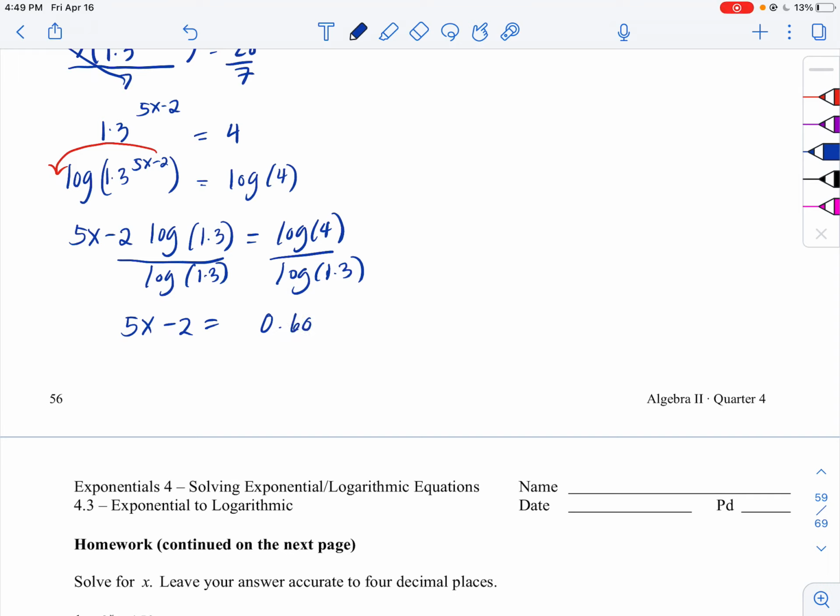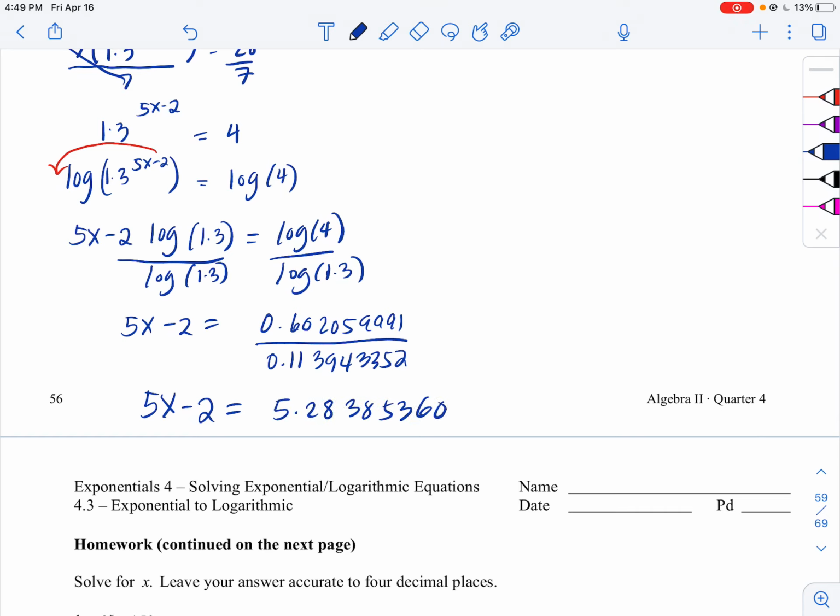So let me just write every single number. 1.1394335. So you'll get 5x minus 2 equals 5.283853603.